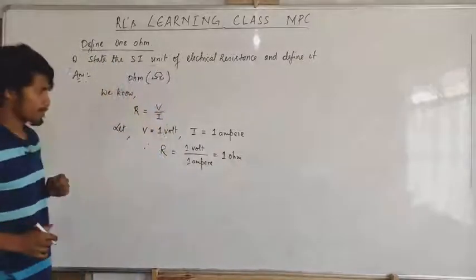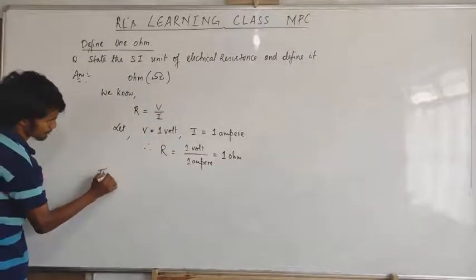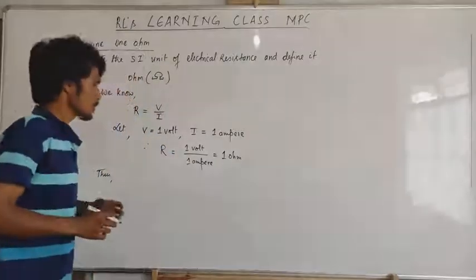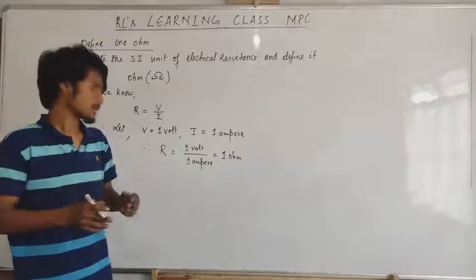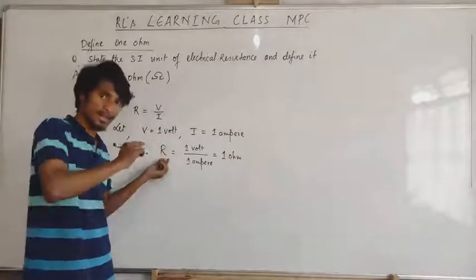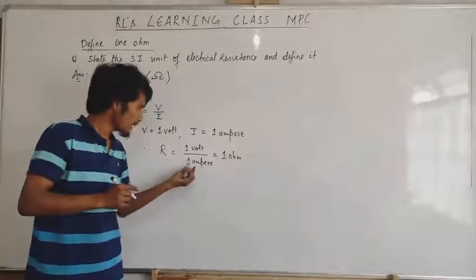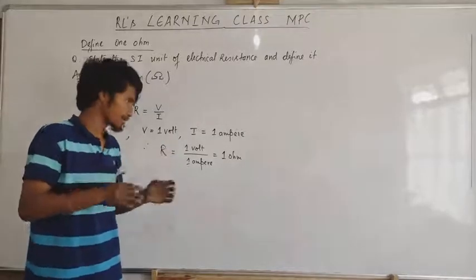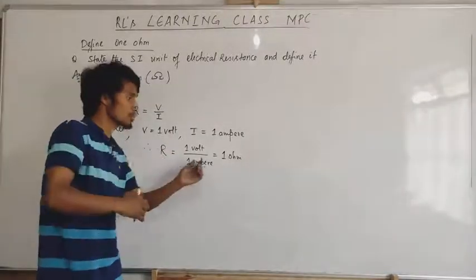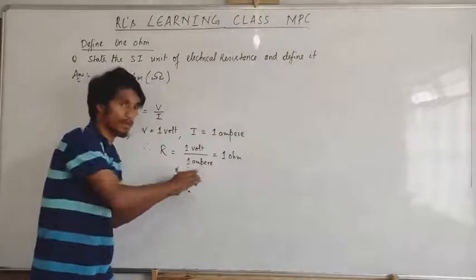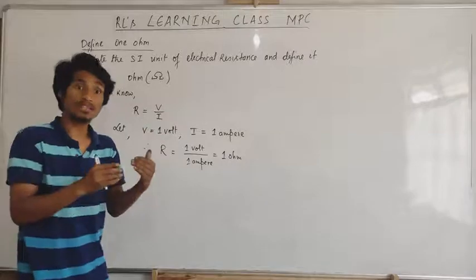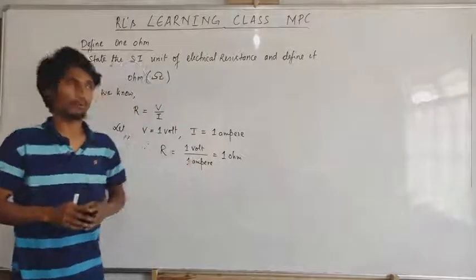Now how to define it? Thus, electrical resistance is said to be 1 ohm when 1 ampere of current flows through a conductor under a potential difference of 1 volt.